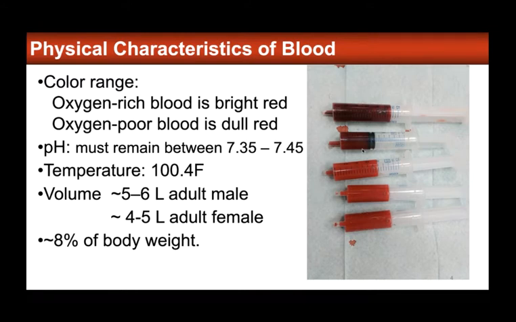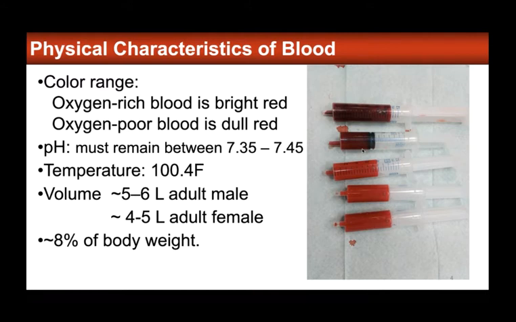Temperature of blood is about 100.4 degrees Fahrenheit, and we have a fair amount of it. So adult men, 5 to 6 liters, and adult females, 4 to 5 liters. And those are rough ranges, right? You could have a smaller adult male and a larger adult female.